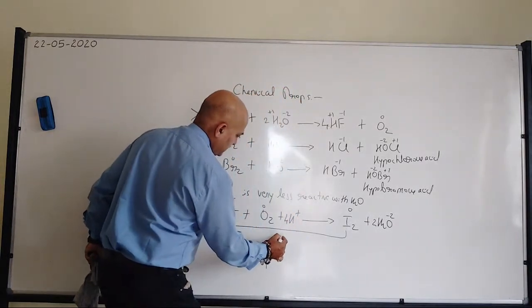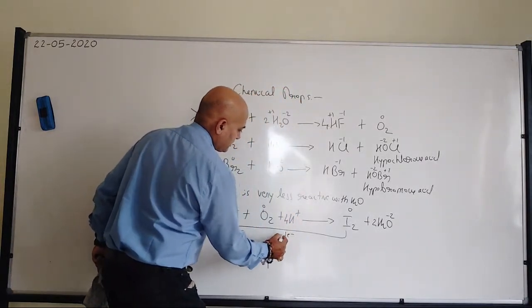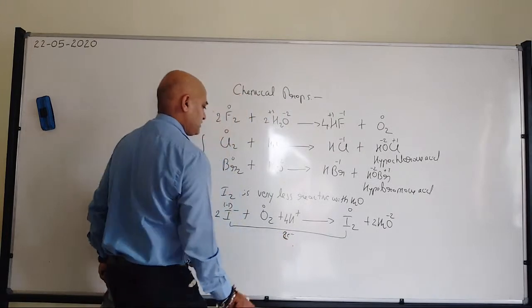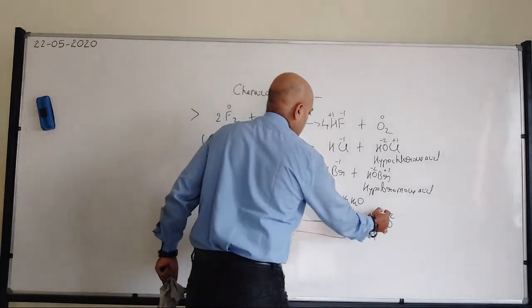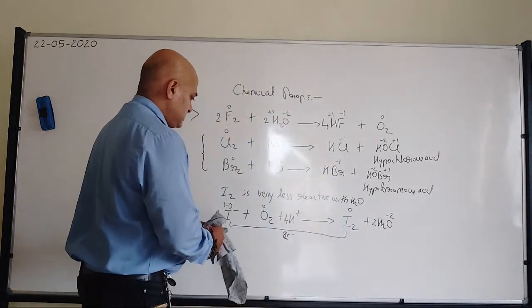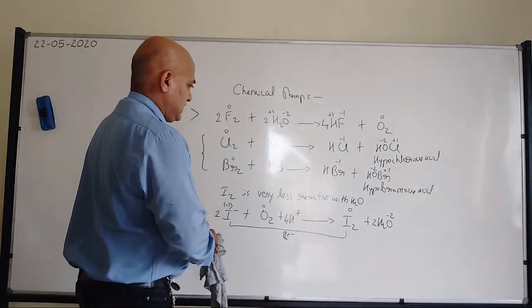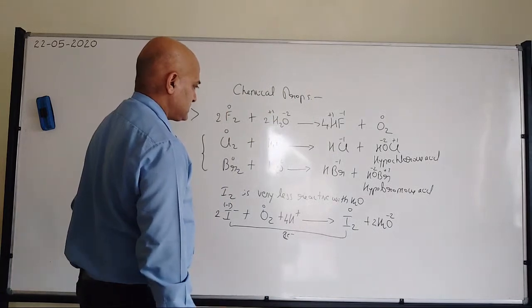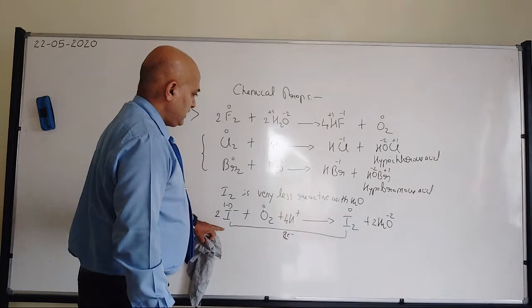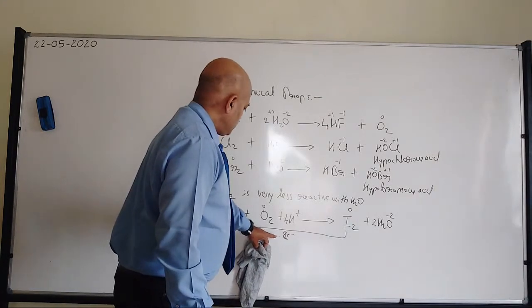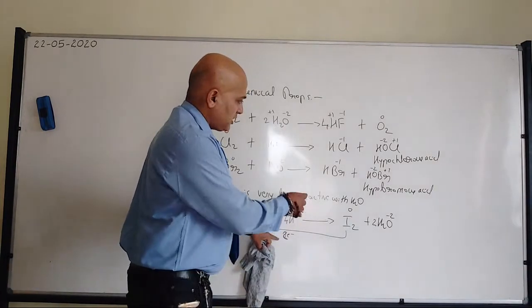Here it is donating 1 electron, so here it is donating 2 electrons. Right? So oxygen 0 to -2. That means it is accepting 2 electrons. According to this, 2 iodide is donating only 2 electrons to become iodine.